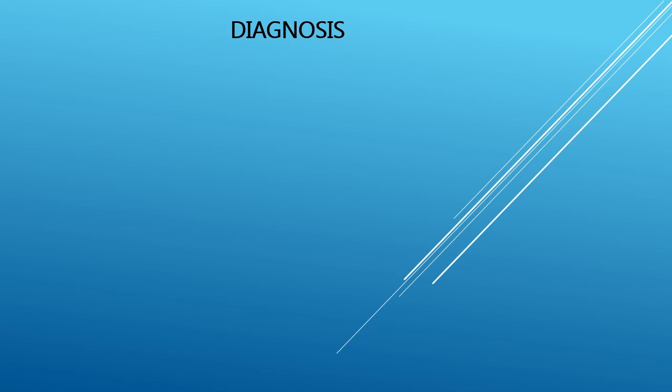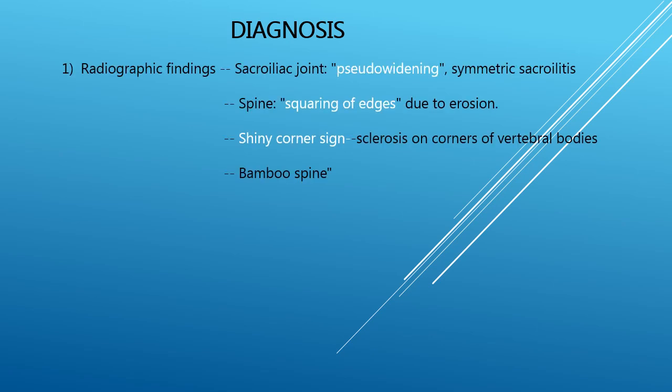Important diagnostic features in ankylosing spondylitis include radiographic findings in sacroiliac joints such as pseudo-widening and symmetric sacroiliitis, and the concavity of the vertebral bodies will be lost, which can lead to squaring of edges in X-ray of spine due to erosion.